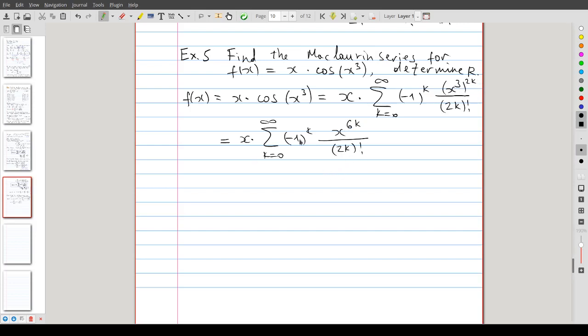And then, since my summation is in k, x is effectively a constant with respect to k. So I can just multiply through this infinite summation by x as a constant and have the following series for my f of x.